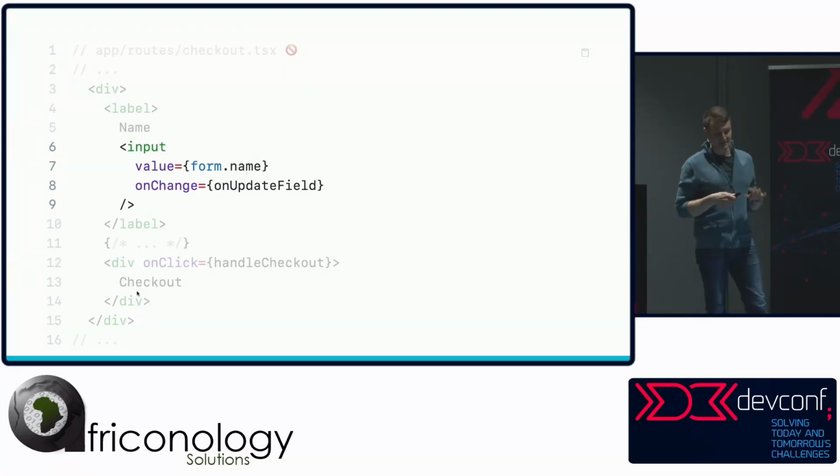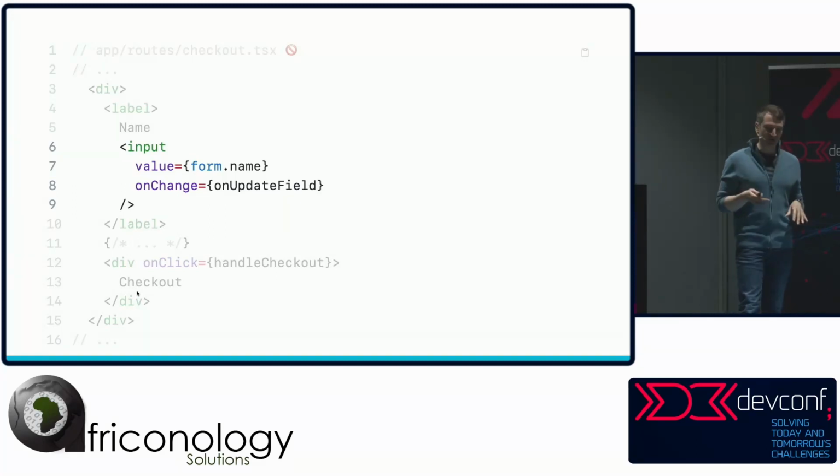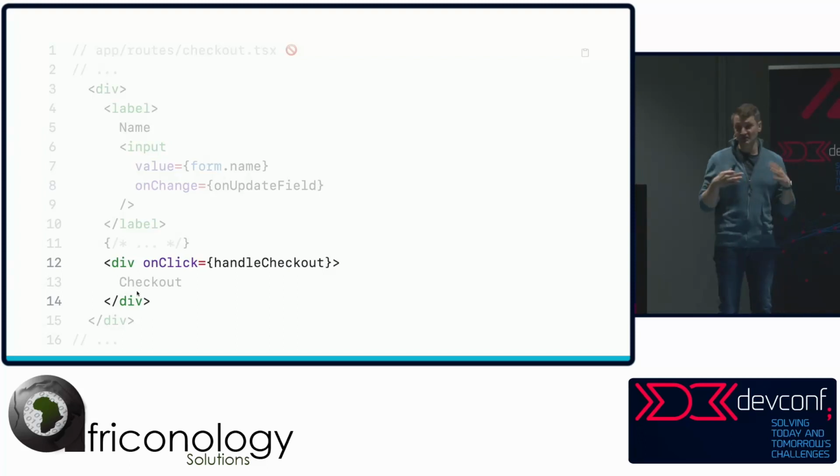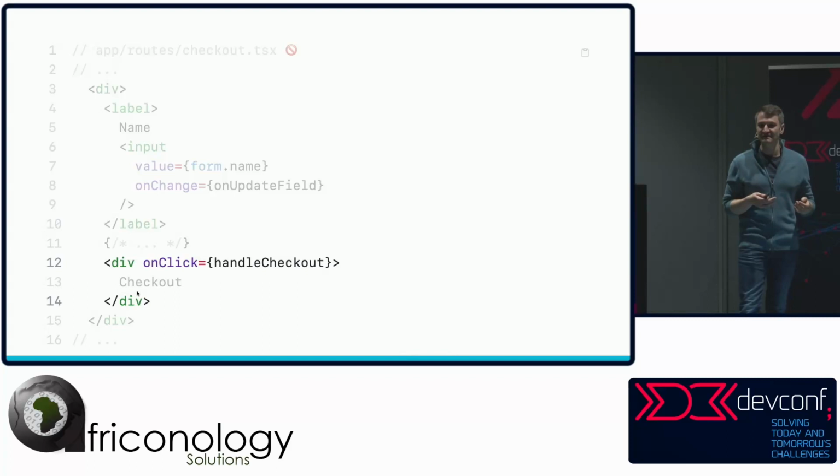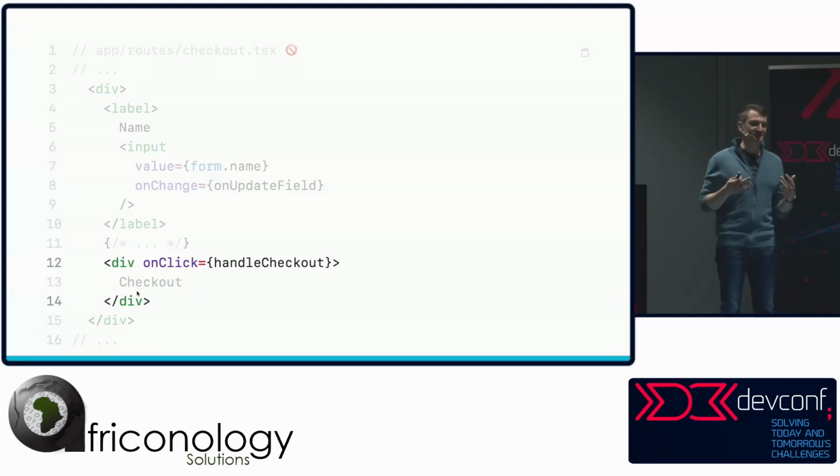And here we see the same, like a form, and we have an input field where we bind an onChange event handler with JavaScript, and then we have a div on which we bind a handleCheckout event handler, for example. So we misuse the div as a button. And this is a problem for accessibility, because that way it won't work if our users try to use the application using a keyboard, for example, or some other assistive technologies.